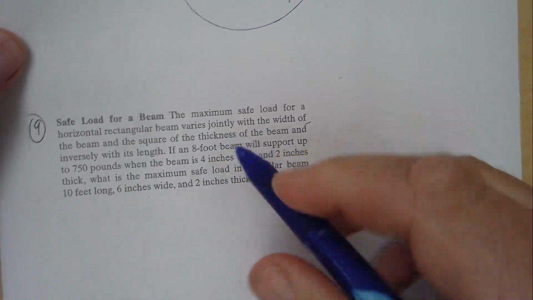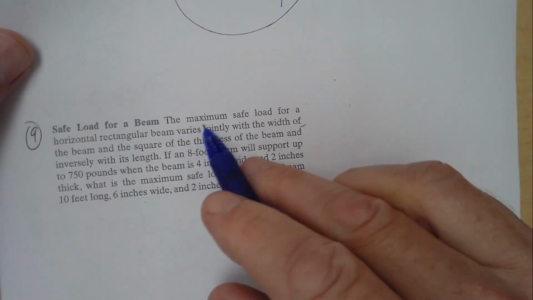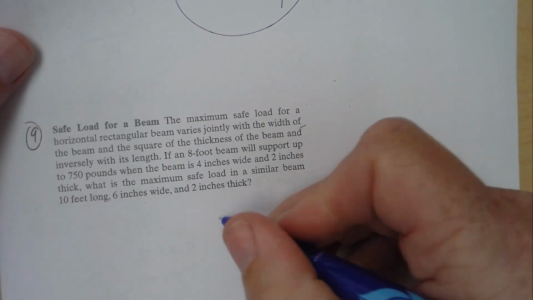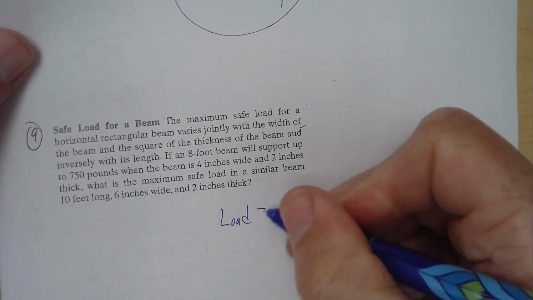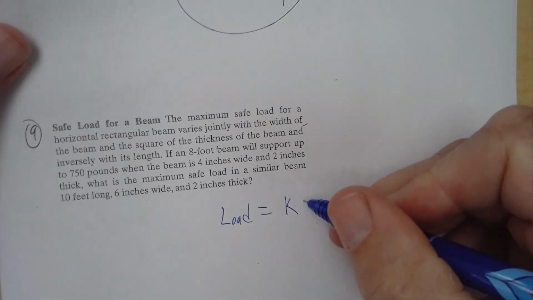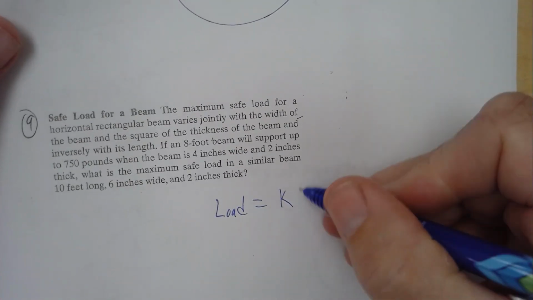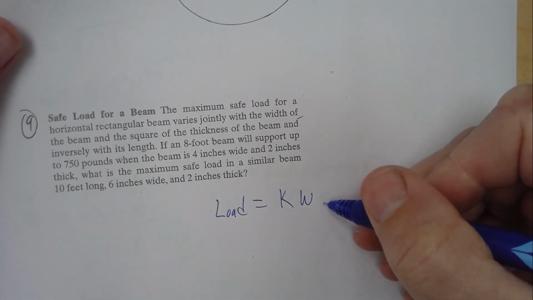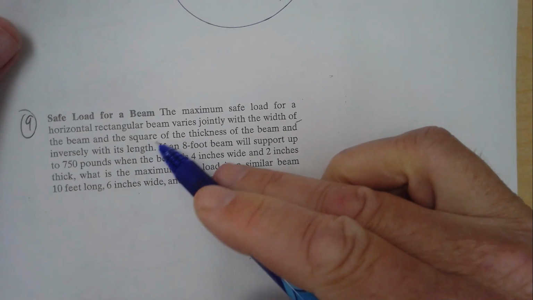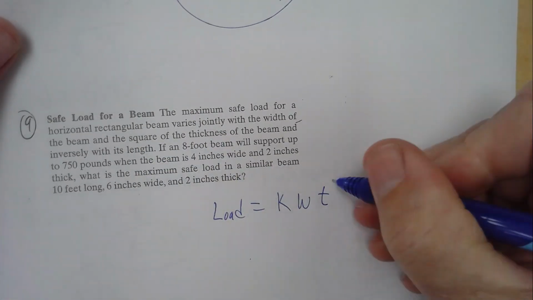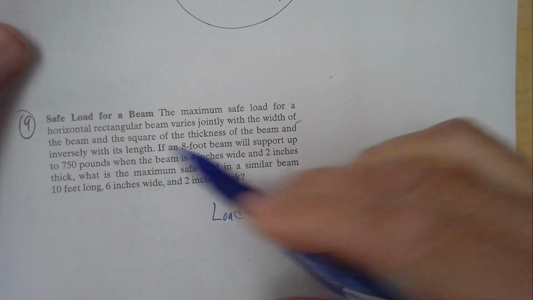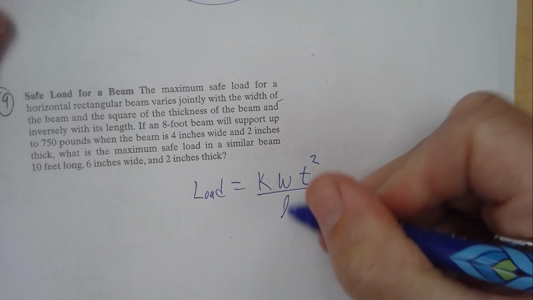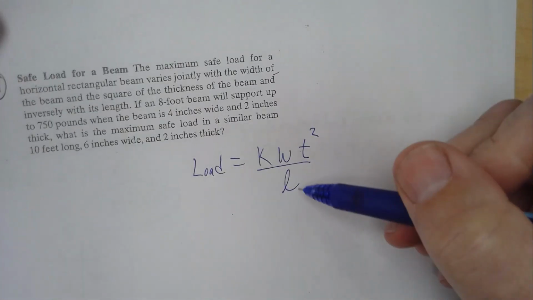So the maximum safe load is equal to k, jointly with the width of the beam, W, and the square of the thickness, so T squared, and inversely with the length L. So it's the length of the beam.